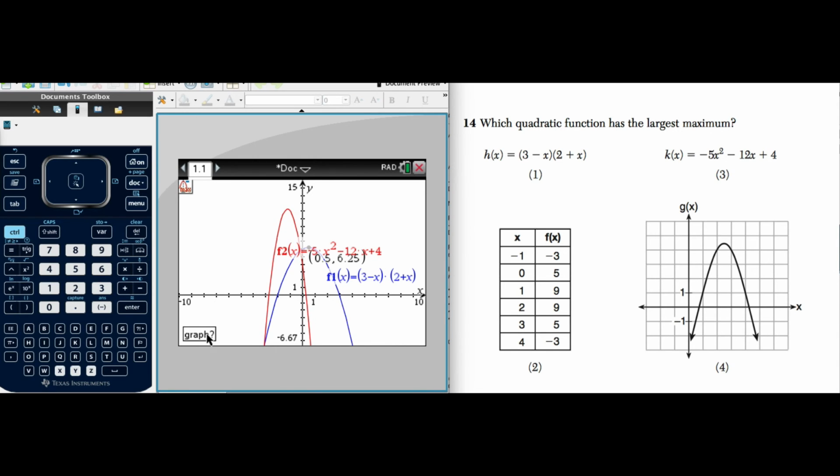Okay, which graph? Well, I'm going to click on one to select it. And there's my lower bound. Click upper bound. And we get a value of negative 1.2 for the x and 11.2 for the y. And that is a larger maximum than any of these other choices, so the answer is 3.